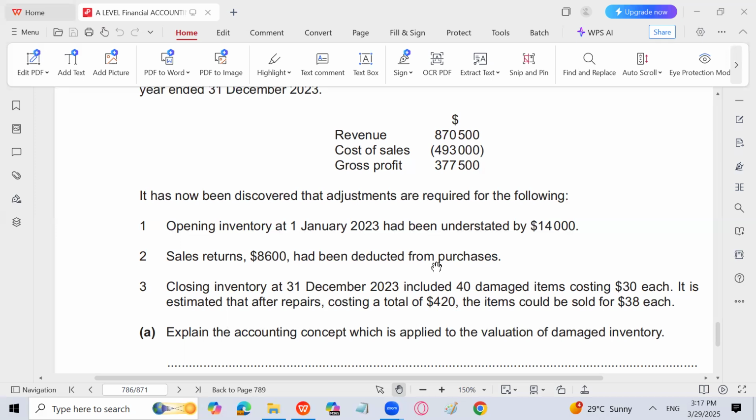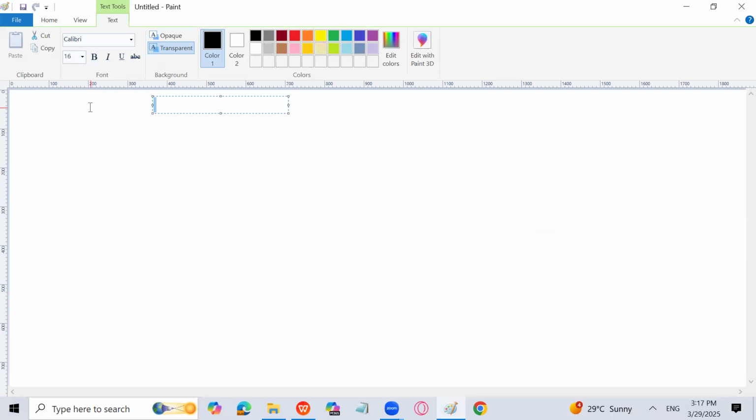Let's pass an entry for that to make you understand. We are supposed to debit sales return, because sales return is always debit. But instead of debiting sales return, we have subtracted that amount from purchases, or you can say we have credited purchases.